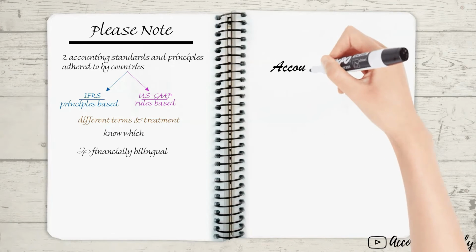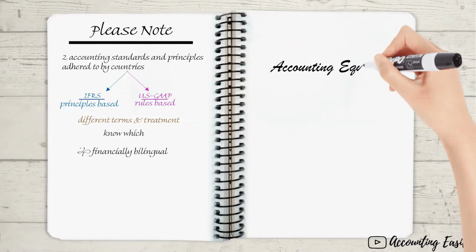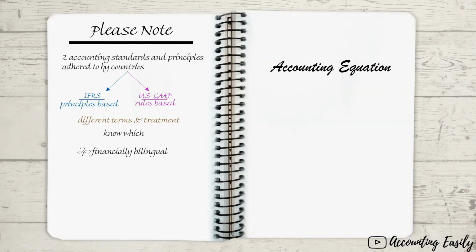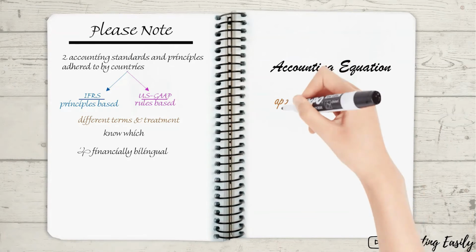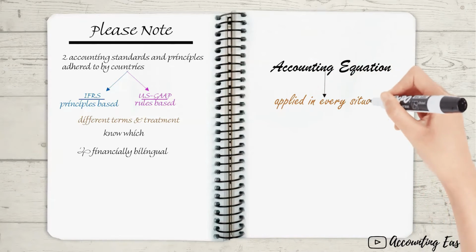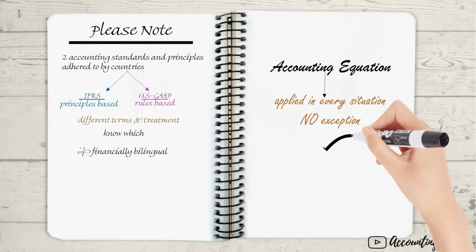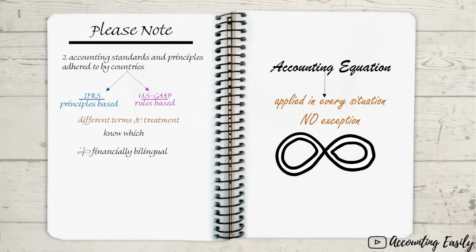Now let's talk about the accounting equation. In accounting, at its framework, differences and changes could happen following its standards and principles. Well, who knows? But the accounting equation is not situational. It's like the infinite law of accounting, which is applied in every situation without any exception.